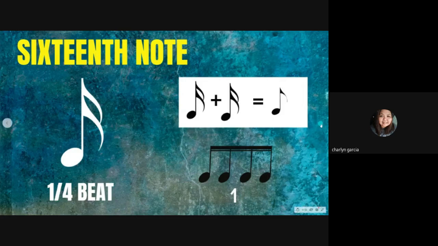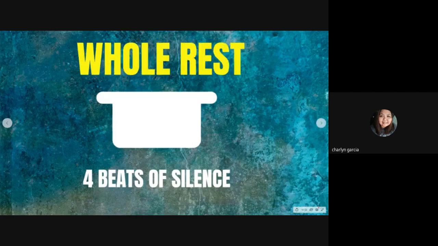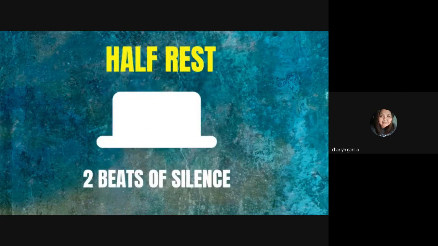Let us now go to the different types of rest. Diba kanina sabi natin, rest represents silence. When you see this symbol, this is a whole rest. It receives 4 beats of silence. A half rest receives 2 beats of silence.